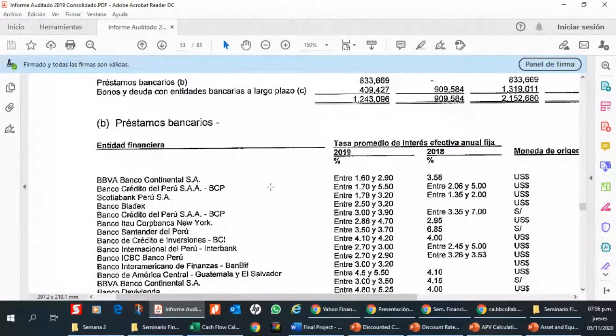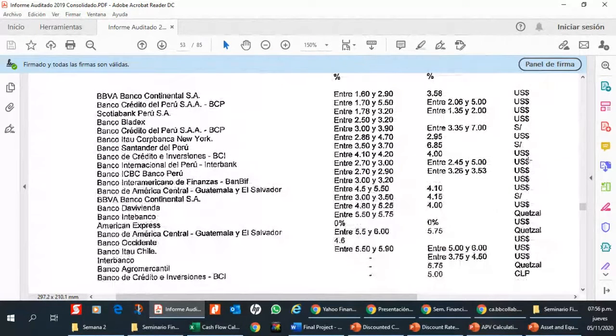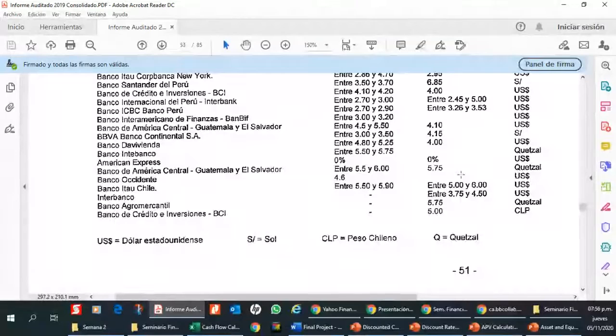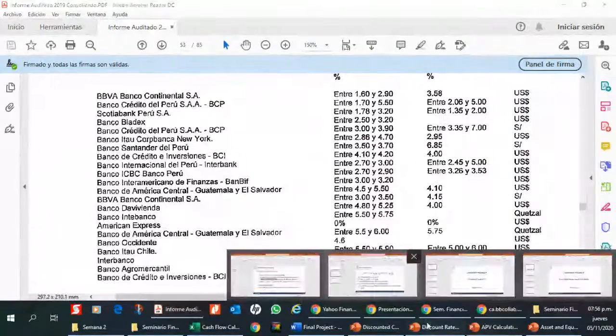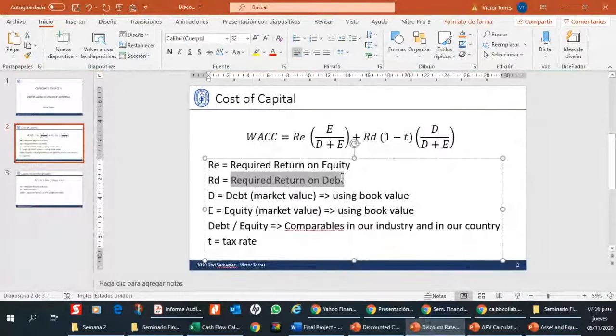So the loans that are coming from the banks usually have a period between 3 to 5 years, unless it's a project finance where you can get a longer period of time. This interest rate, or the weighted average of this interest rate, will provide a more sensible estimate of what should be this required return that we are looking for, right?